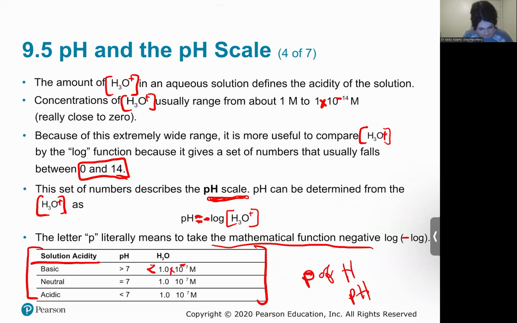So less than 1 times 10 to the negative 7th. Here you have equals 7, and you have a neutral pH. That's 1 times 10 to the negative 7. And then contrary-wise, if it's acidic, you have a pH that's less than 7. All right, so your hydronium ions are greater, right, than 1 times 10 to the negative 2nd. So acidic is referring to your hydronium ions, basically. Okay.